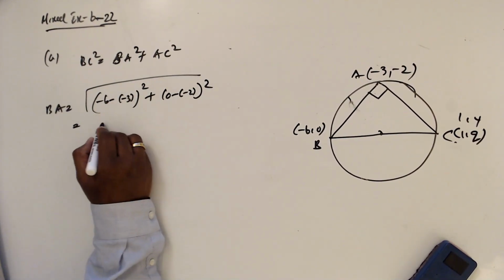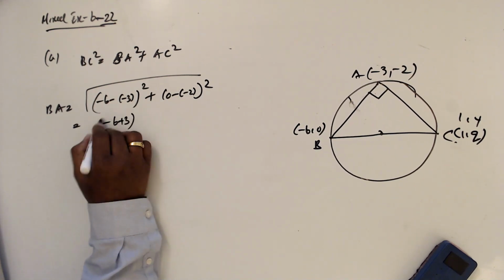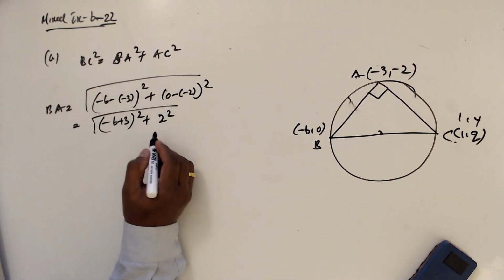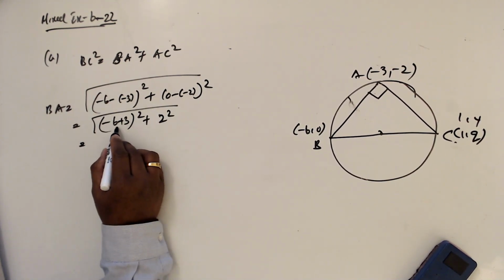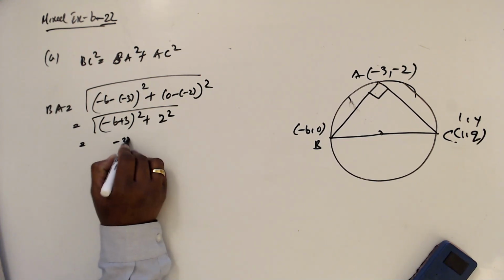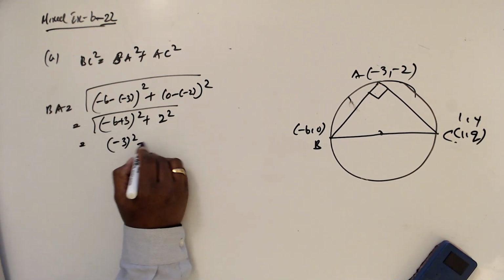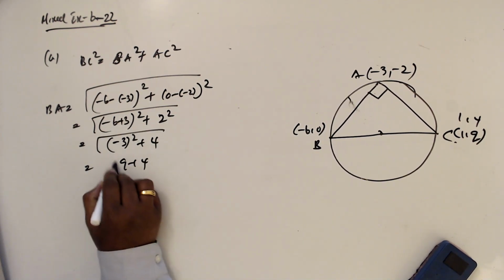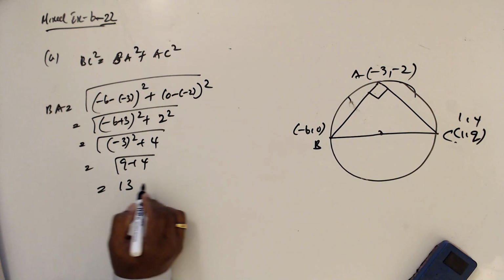So this is minus 3 squared plus 4, which means 9 plus 4, the square root of 13.